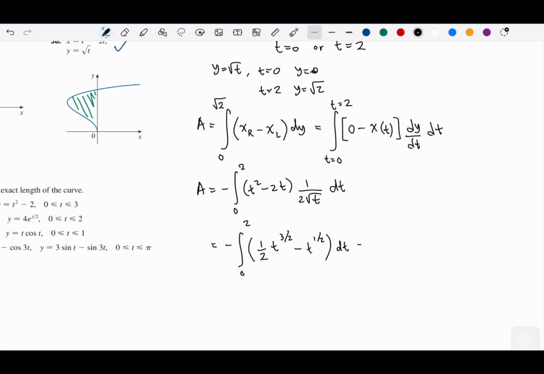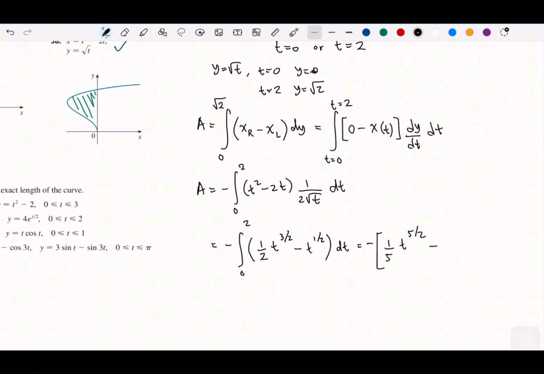So we can integrate, put negative in the front. So plus 1 is 5 over 2. So t 5 over 2. 2 over 5, so it will be 1 over 5.